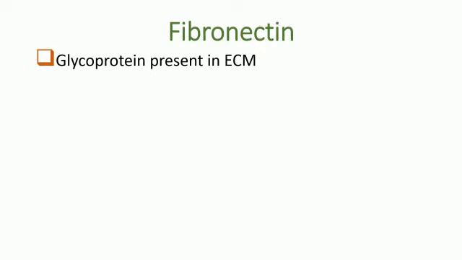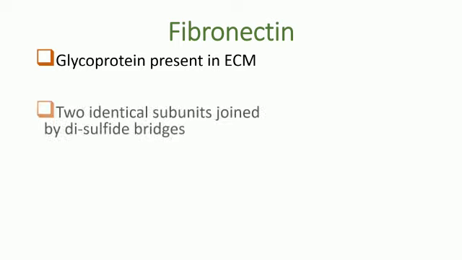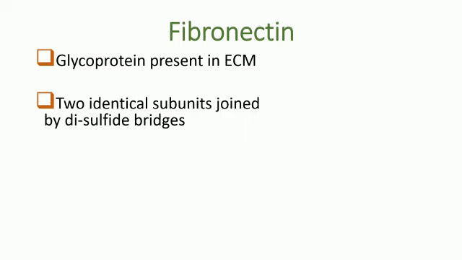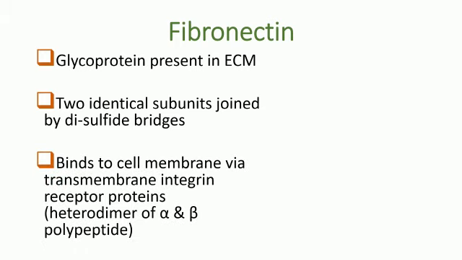Now we come to the next, that is fibronectin. What is fibronectin? It is again a glycoprotein, obviously present in the extracellular matrix. Now fibronectin has two identical subunits, two polypeptides which are exactly the same, and they are joined with each other by a disulfide bond.